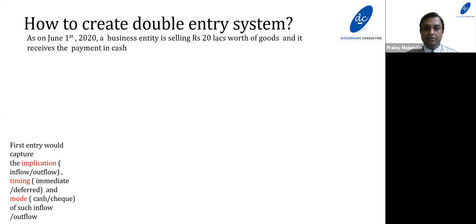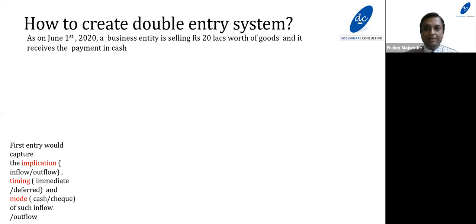Now, what is the first entry? The first entry would capture the implication, inflow or outflow. Here it is an inflow. Second, timing. What is the timing? Immediate or deferred? Here it is immediate. Third, it is the mode, whether it is receiving the amount in cash or in check.